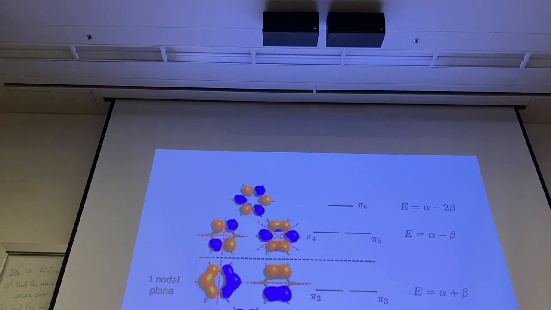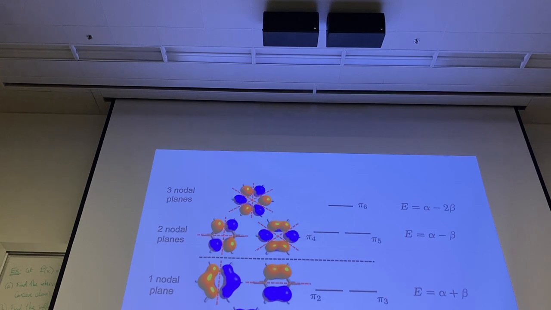They're located in different positions, but each of them has two nodal planes within the ring. And then finally, the last one has three nodal planes. It's the maximum number of nodal planes that I can draw, because now every nearest neighbor has a different phase in terms of its p orbital relative to both of its neighbors.